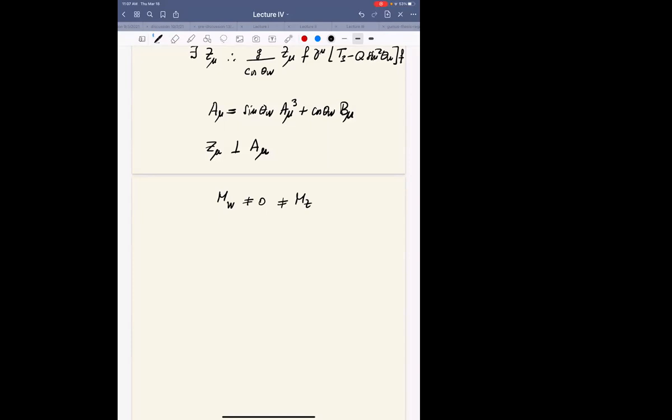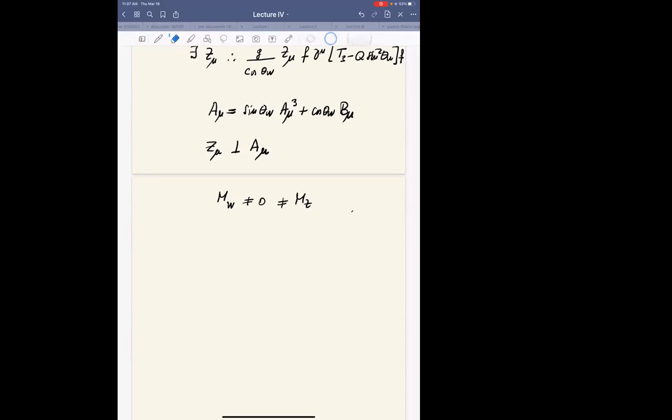They also mediated very weak interaction, therefore they had to be massive, not just non-zero, but actually rather massive. You knew immediately that M W, M Z would be of the order of 100 GeV, or not less than that.